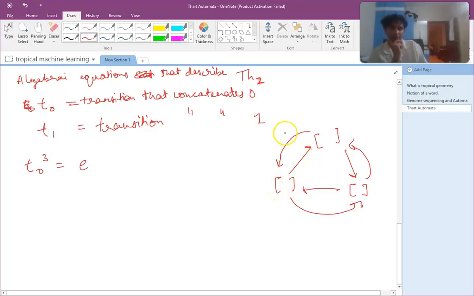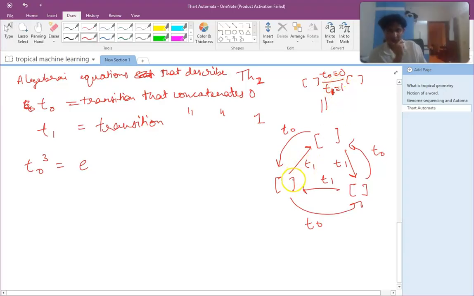If I put T0 over here, T0 over here, T0 over here, and T1 over here, T1 over here, and T1 over here, it is the same as the previous example. Only in the previous example, instead of T0, I was representing it with just a 0, and instead of T1, just a 1.